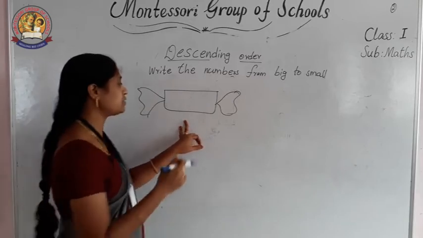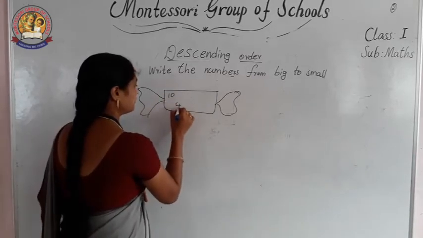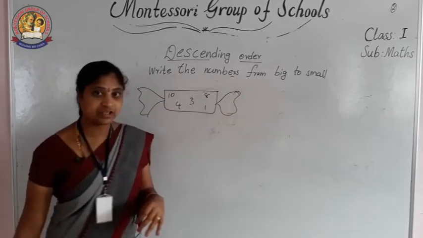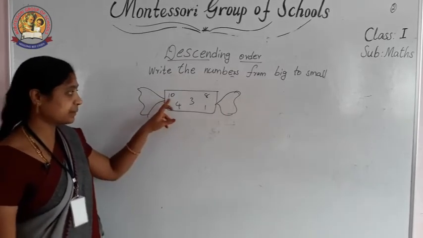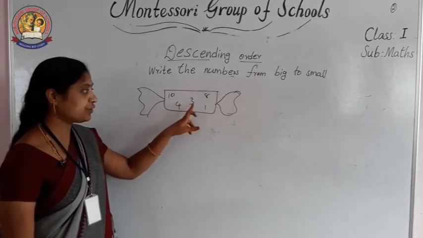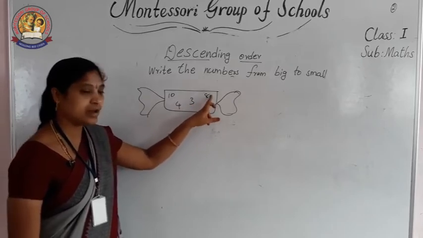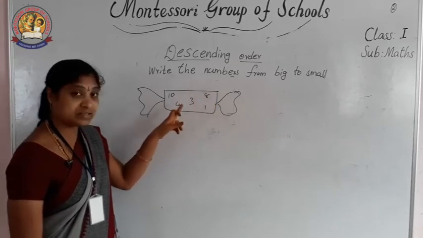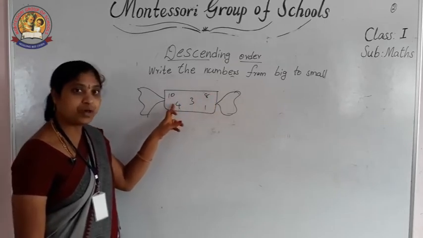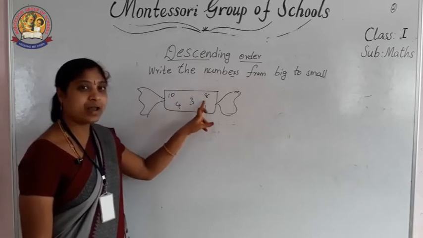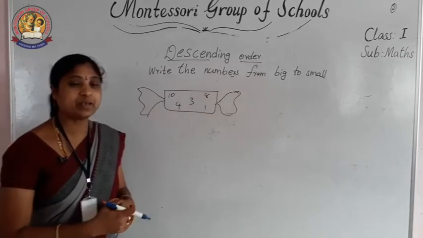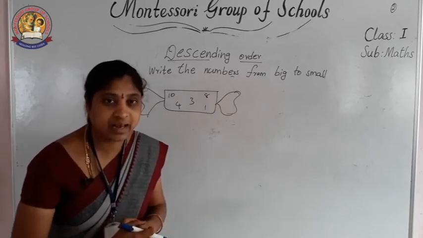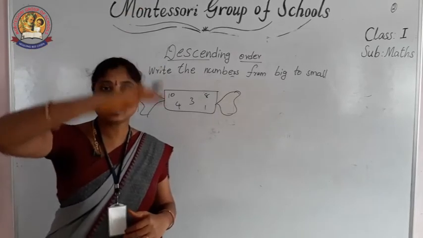In the chocolate there are some numbers: 10, 4, 3, 1, 8. Now write the numbers in descending order. Descending order means write the numbers from big to small.